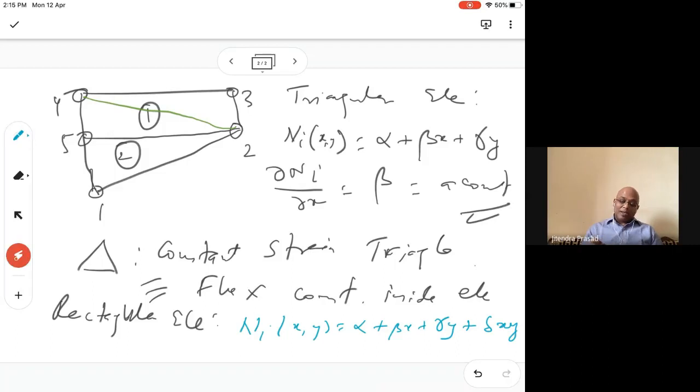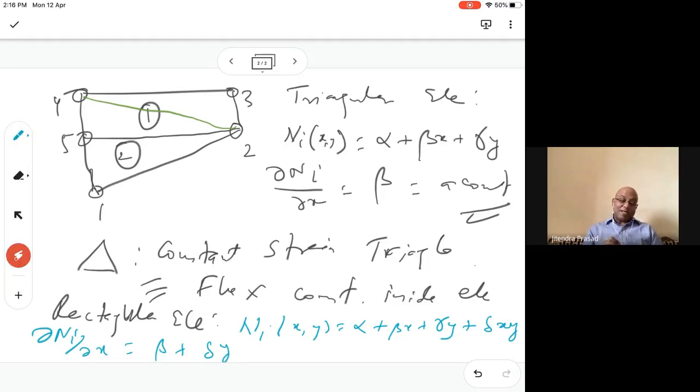So you have delta xy, which is a higher order term here. Hence del Ni over del x will be equal to beta plus delta y. So this is linearly varying. The advantage here is that your flux or strain will vary linearly.